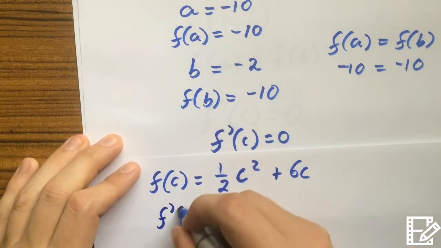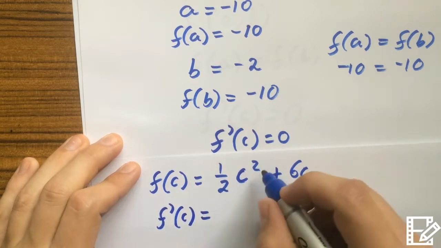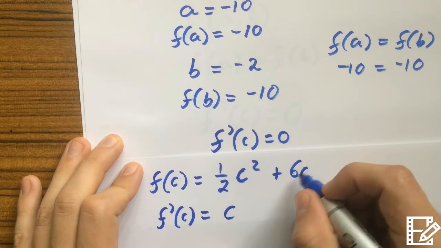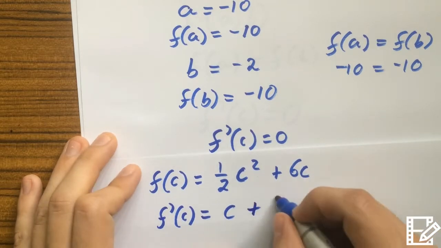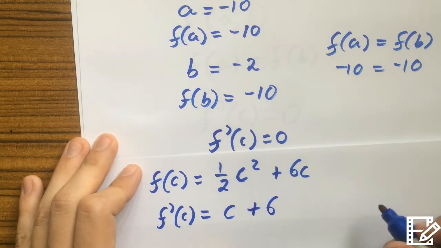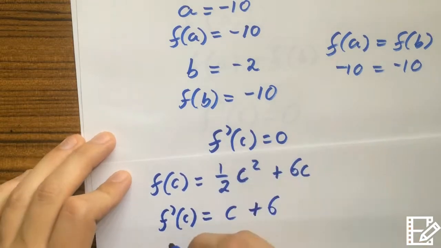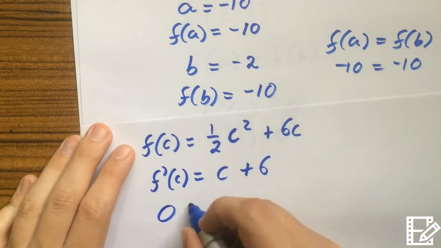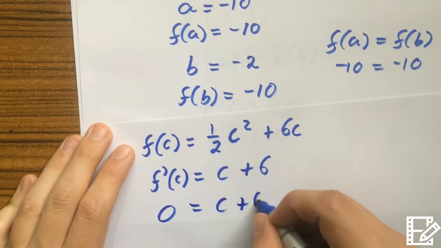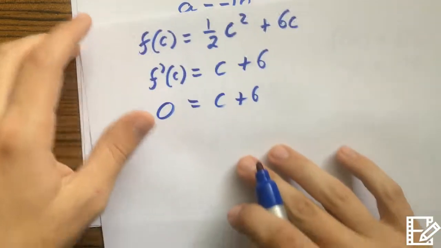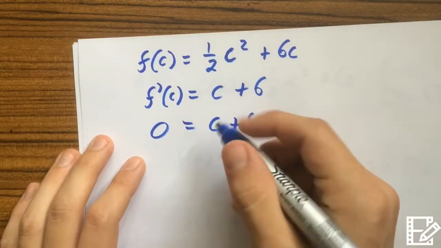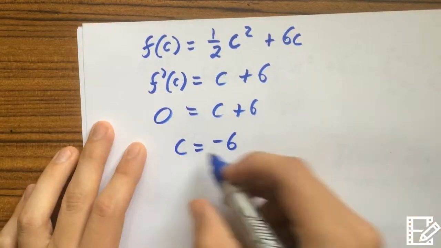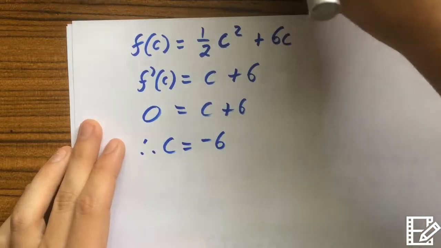So f prime of c equals, bring the 2 down, that just becomes c, and then take the c off, that just becomes c plus 6. And f prime of c equals 0, as it says here, so 0 equals c plus 6. Therefore, we take 6 from both sides and we get -6, so c is equal to -6.